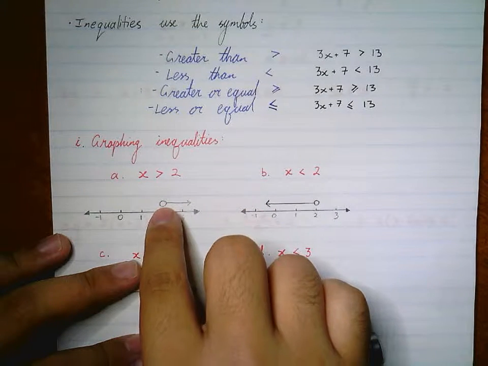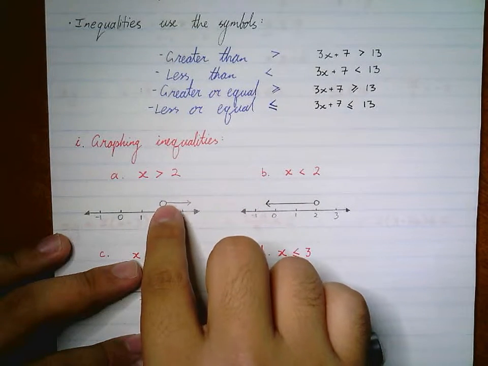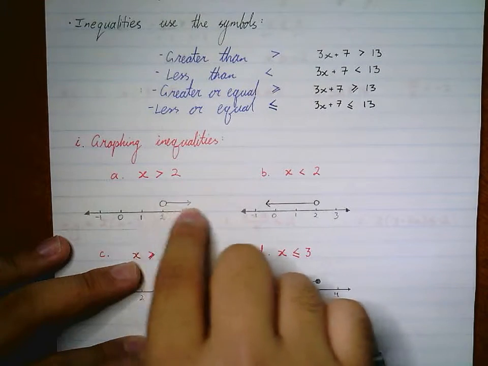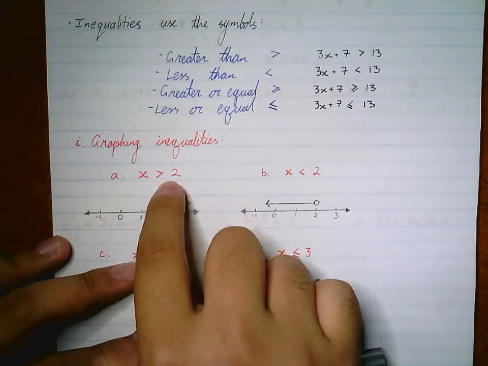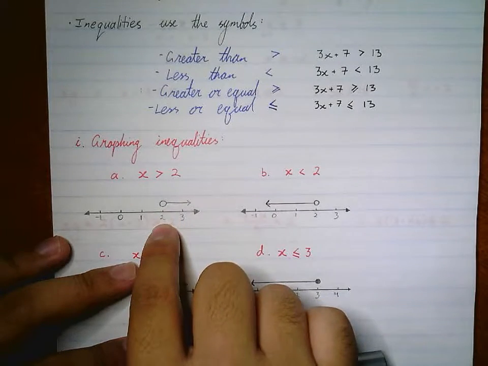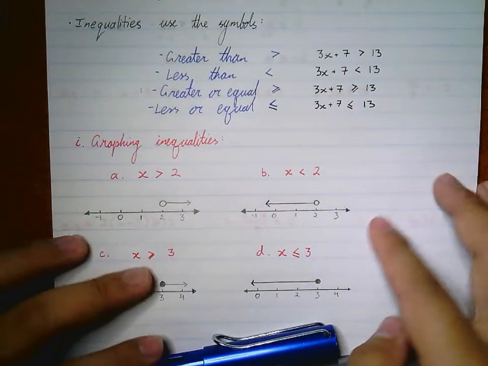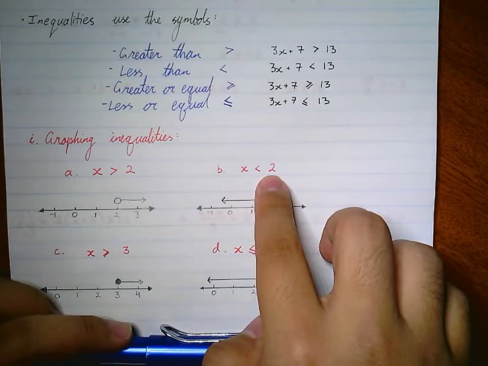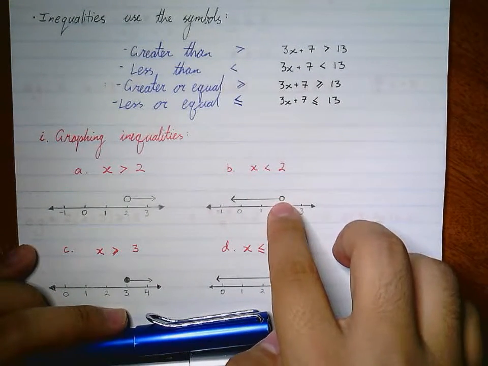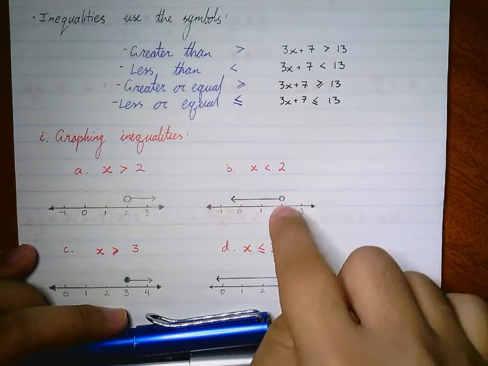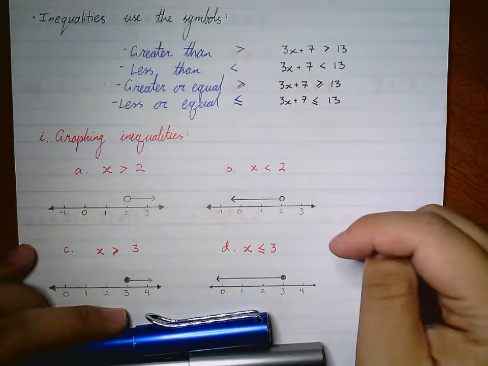All we do is have an open dot and draw an arrow pointing to the right, because it's greater than 2. Same thing with this, this time it's pointing to the left. So if x is less than 2, you put an open dot over the number 2 and draw an arrow pointing left.